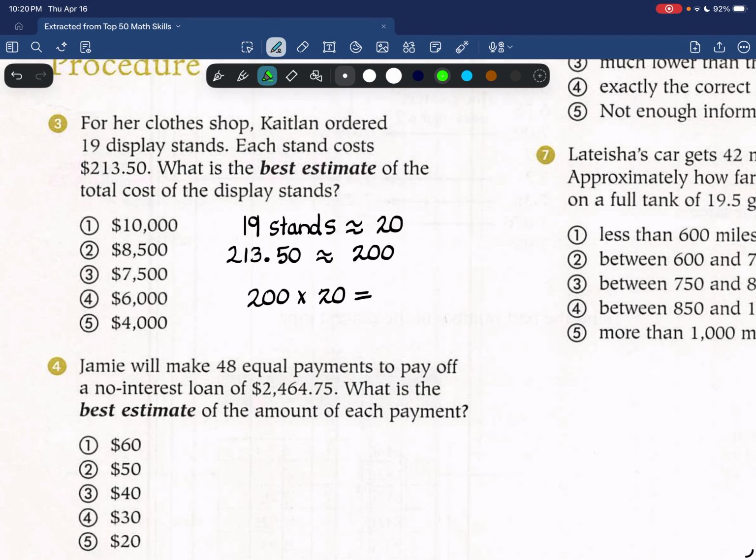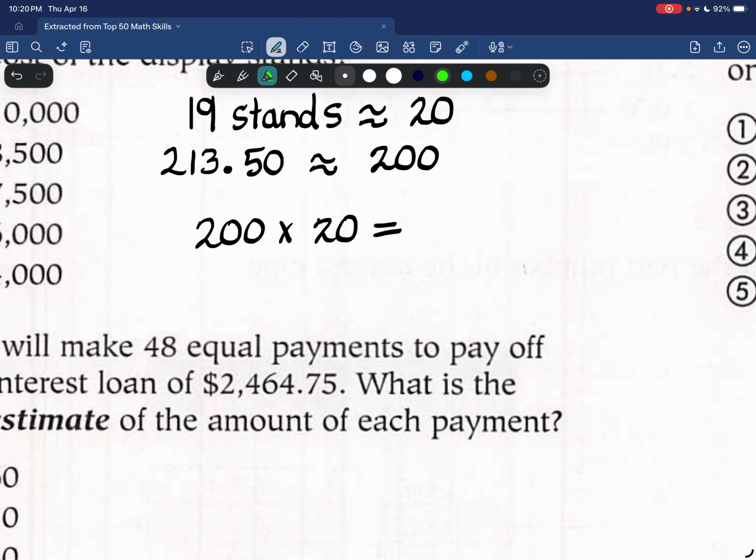And I'm going to show you the shortcut here. I'm going to take that 0, this 0, and this 0 and bring them over. So I have 1, 2, 3 of them. And again, I am bringing them over. And then I will say 2 times 2 is 4.